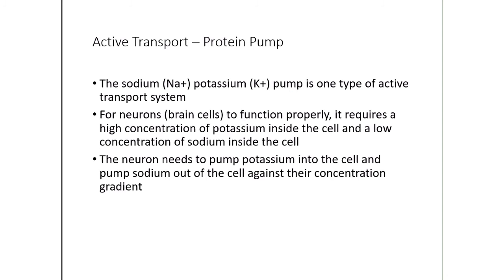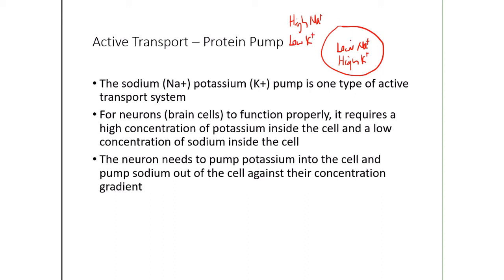In order for your neurons to communicate with each other, they need to have a low concentration of sodium on the inside. So let's say this is your nerve cell. The inside must have low sodium, and it must have high potassium. That means the cell must constantly be removing sodium from the inside, which causes the outside to have high sodium, and the cell keeps bringing in potassium, which causes the outside to have low potassium.